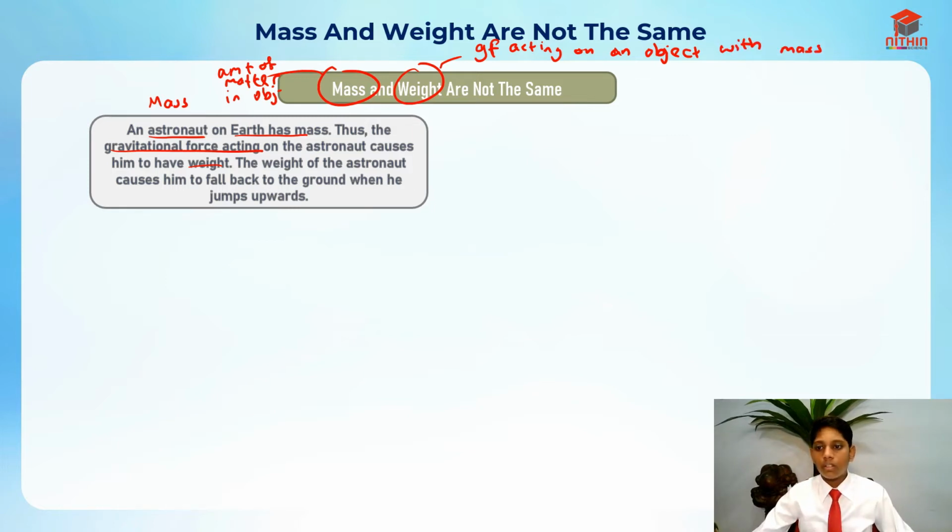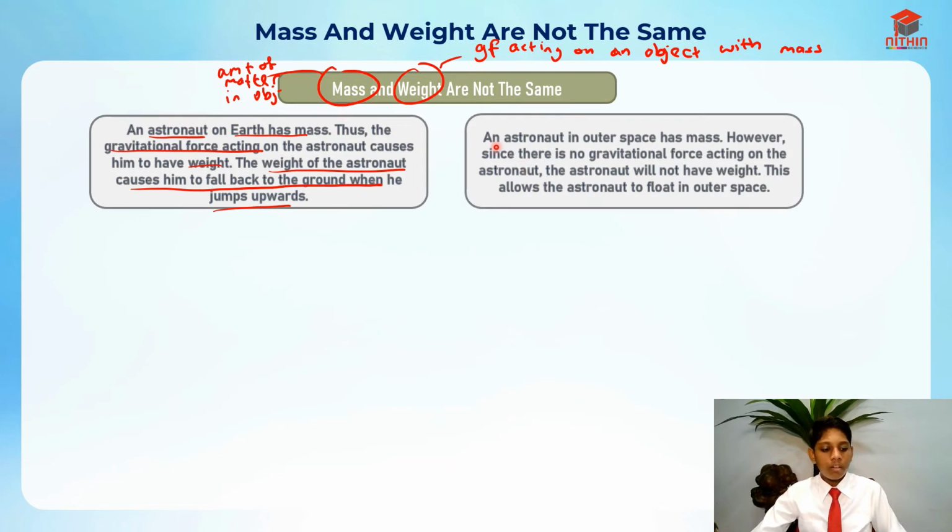Okay, so the weight of the astronaut causes him to fall back to the ground when he jumps upwards. So this statement clearly shows the difference between mass and weight, right?